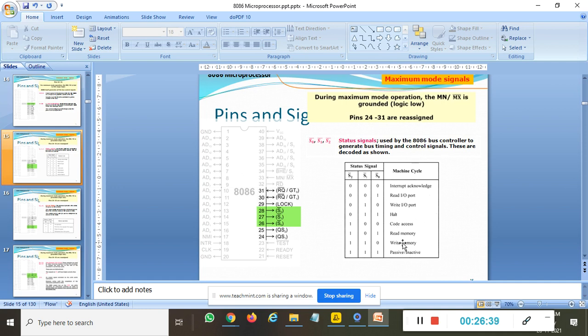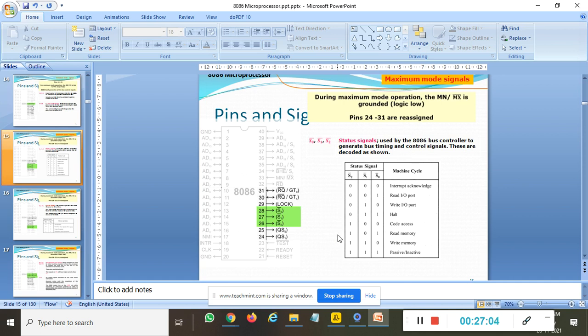Next, when the value of S2 is 1 and both S1 and S0 are 0, then the operation type or machine cycle is code access. It is the access of the code by the processor. So the operation type is code access operation.